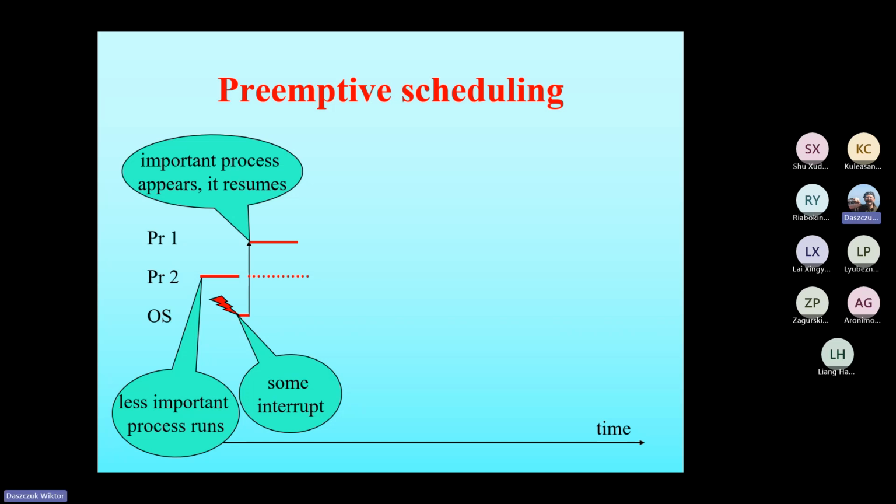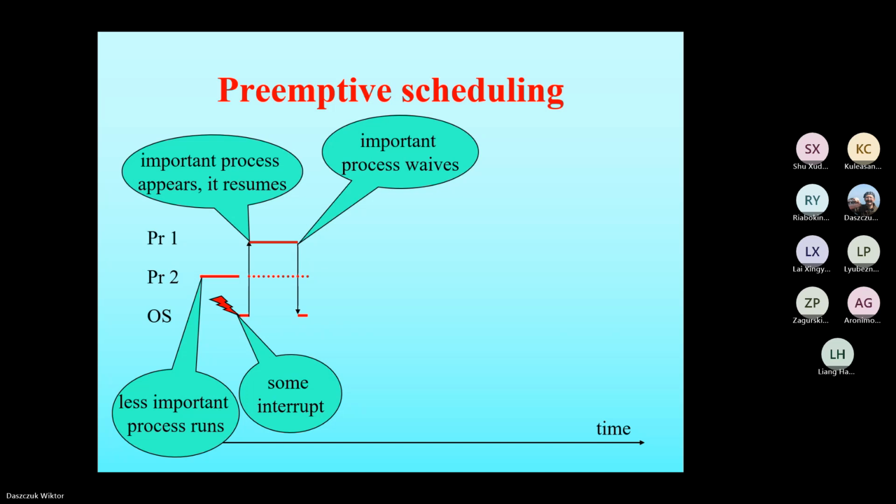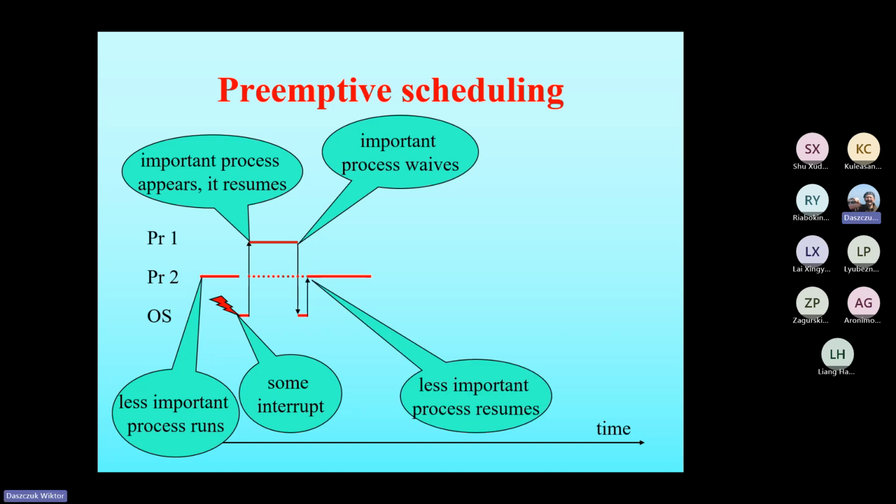So preemptive means we take back the resource from the process at once and give it to another process.